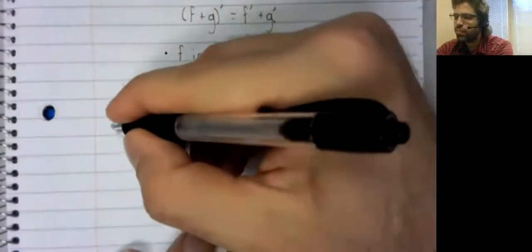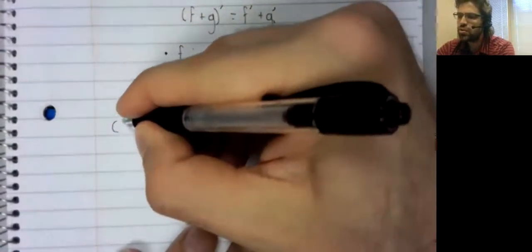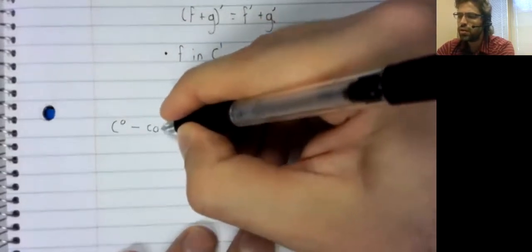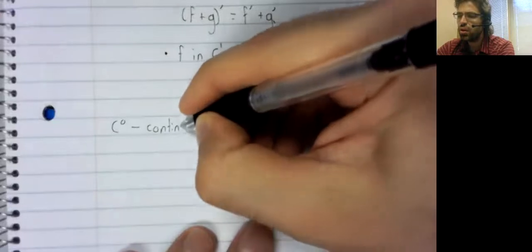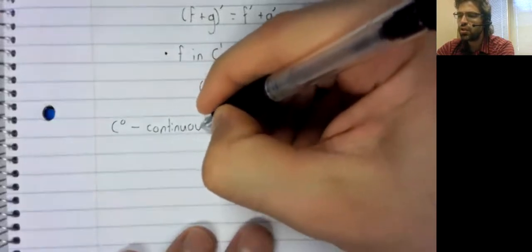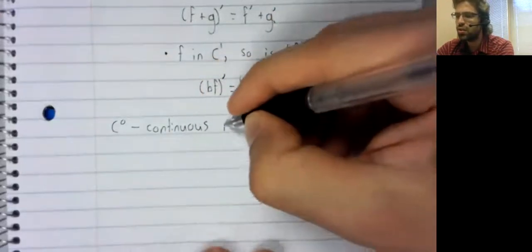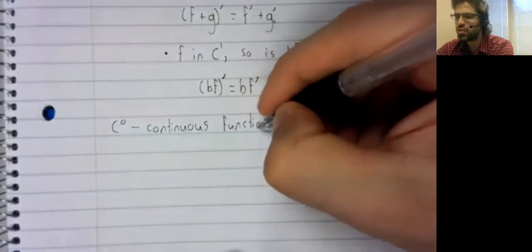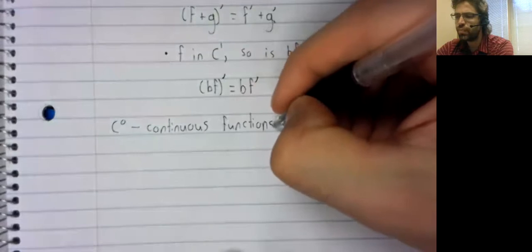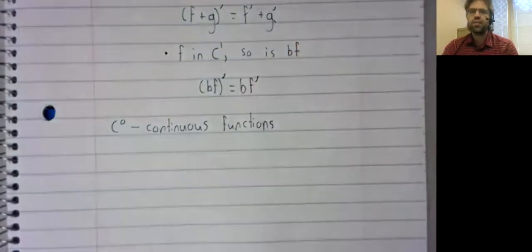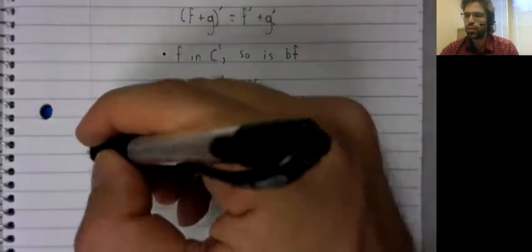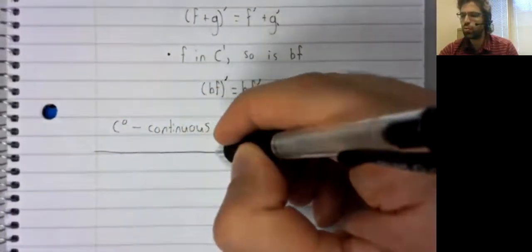And C0, the set of continuous functions, is a vector space. That's an example we've seen before.